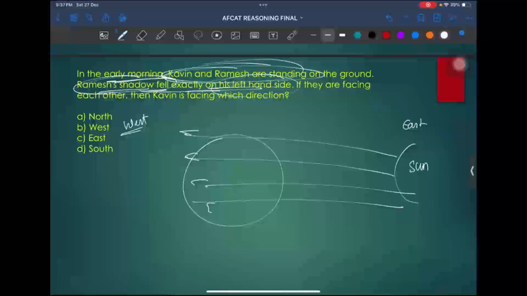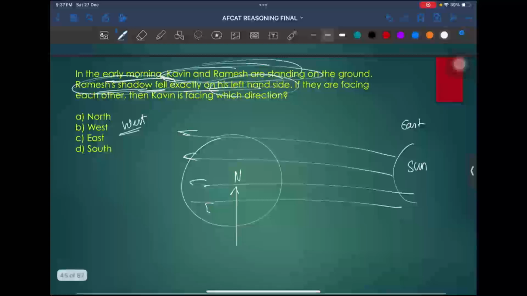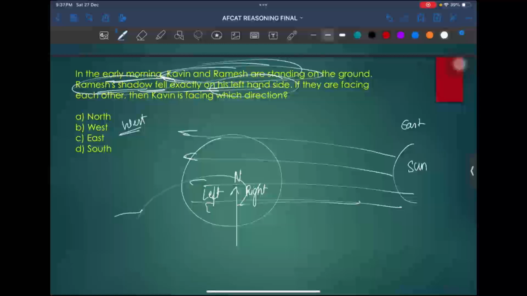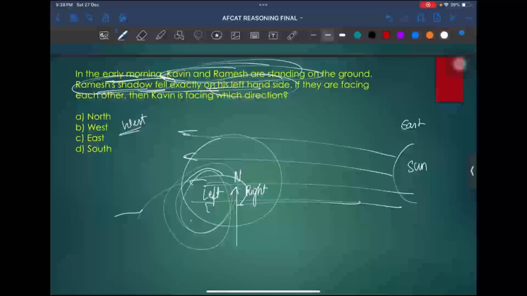Ramesh's shadow will be on his left when Ramesh is standing towards north, because we know that when a person is standing towards north, the sun rays will hit the man and move on. This part will be the left side, that is called the shadow area.